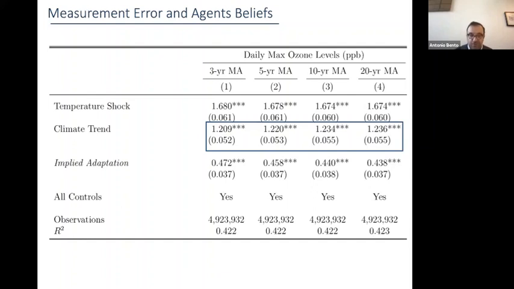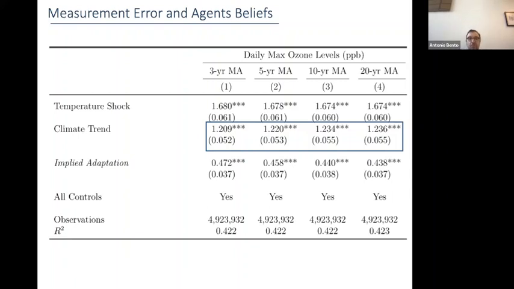So it is important to allow for different moving averages, and the point, which actually echoes Solon's labor work, is that the increase in the time window of the moving average effectively does the following.